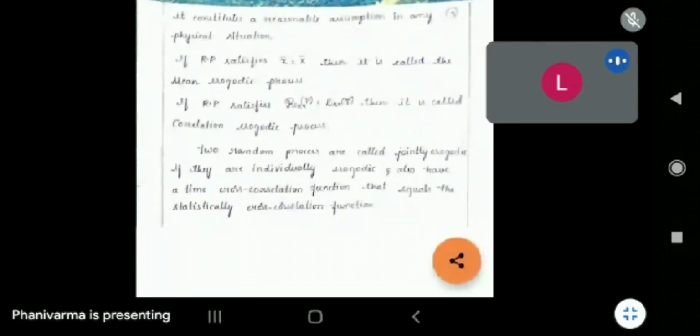If a random process satisfies Rxx of tau equal to Rxx of t, then it is called a correlation ergodic process. Two random processes are called jointly ergodic if they are individually ergodic and also have a time cross correlation function that equals the statistical cross correlation function.